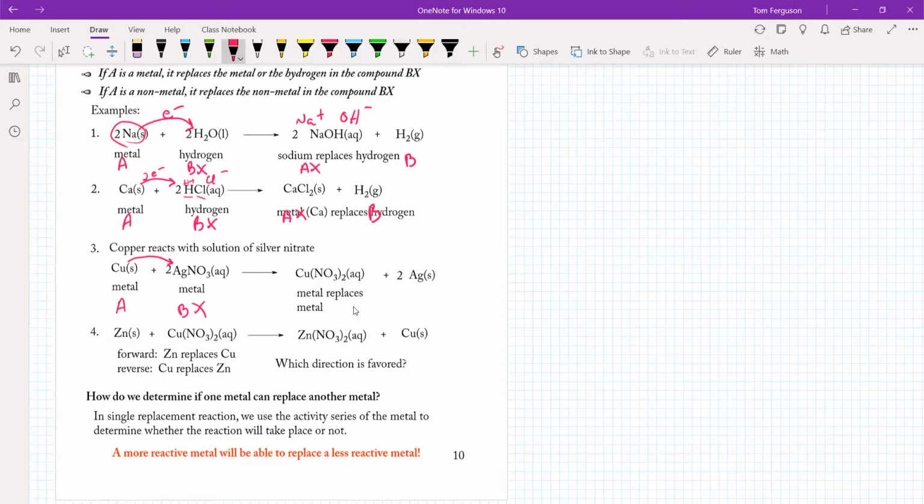Okay, so here again, electrons are moving from the copper over to the silver. So when the copper loses electrons, it becomes a cation along with the nitrate. And then the silver ion here gains an electron and becomes silver metal. Okay.